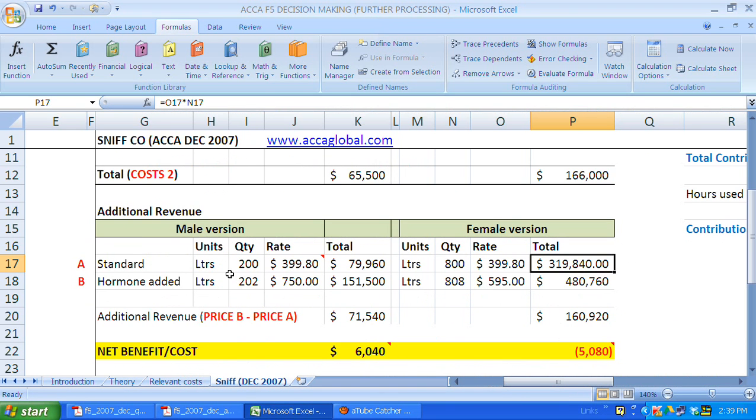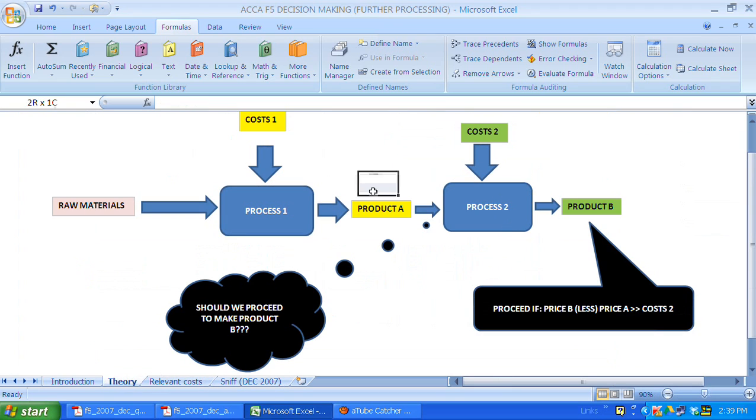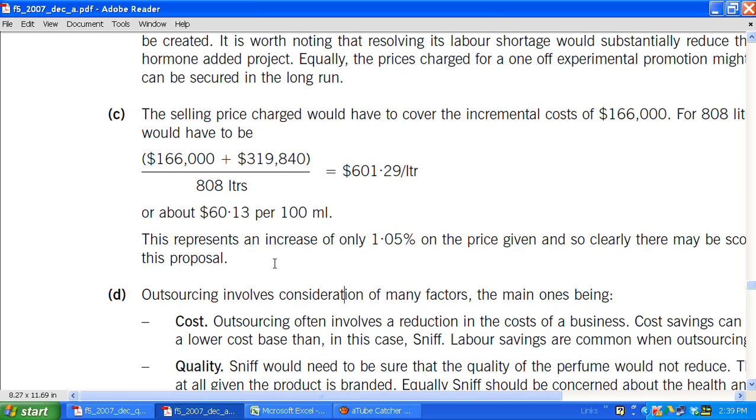It is coming from the price of A. So from this theory, to break even, the price of A plus the additional costs should equal the price of the new product. Makes sense? The additional costs plus the price you get here should be able to be recovered by the price of B. So that is what the solution is.